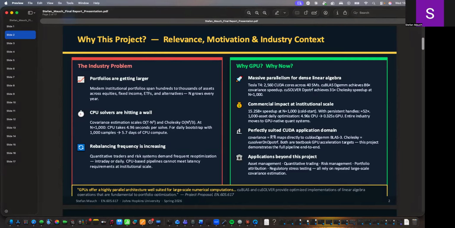Portfolio managers today are dealing with universes of hundreds of thousands of assets, even millions of clients' portfolios, depending on the assets under management a given portfolio manager or asset management firm has. They need to rebalance faster than ever, sometimes intraday, sometimes even 1,000 times per day, or more.